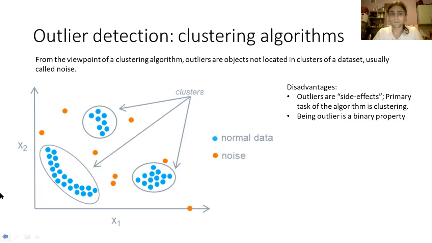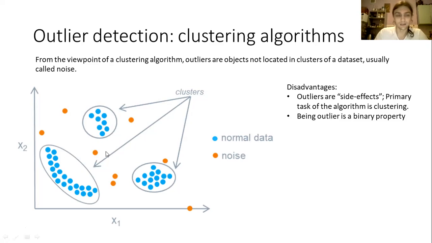Look at this slide. One of the types of earlier algorithms is clustering algorithms. Clustering algorithms can help to detect some outliers.